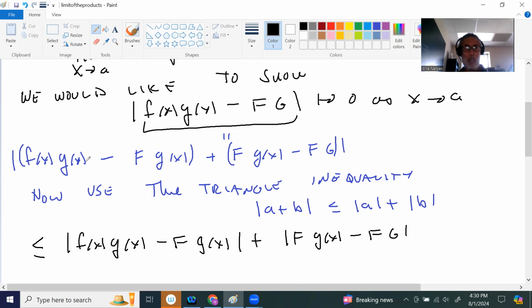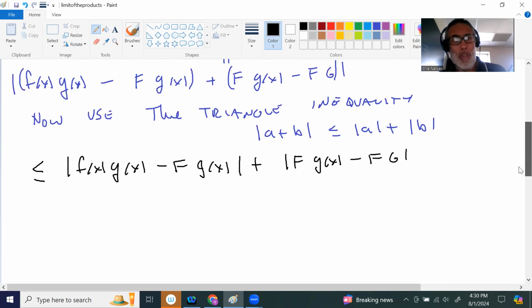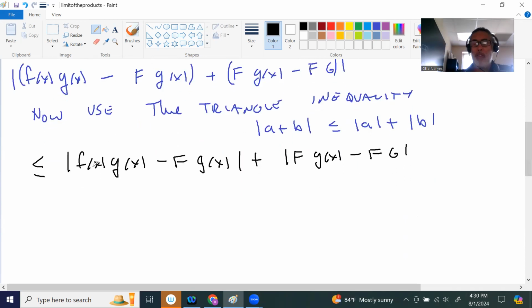So by the triangle inequality, this quantity is less than or equal to this quantity. Now, using more algebra of absolute values, you notice that there's a G here, and notice that there's a big F here. So this part is actually equal to, I'm going to factor the absolute value of G out.